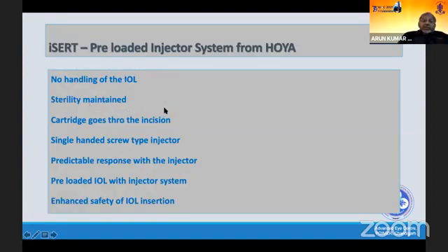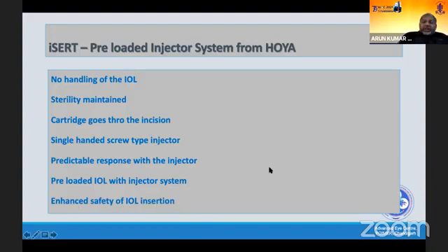The sterility is maintained, and the cartridge goes through the 2.2 incision easily, and it is a single-handed screw type of injector, and the injection is very predictable. Chances of endophthalmitis are much less as there is no contamination of the lens, and it has enhanced safety for IOL insertion.